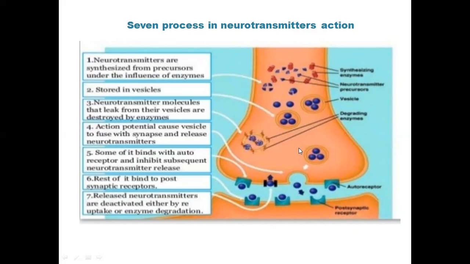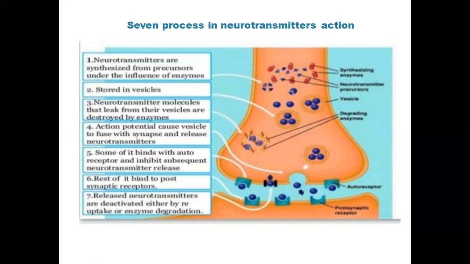Next, action potentials cause vesicles to fuse with the synapse and release neurotransmitter. And this is the proper way to release the neurotransmitter, not like this, destroying by enzyme.